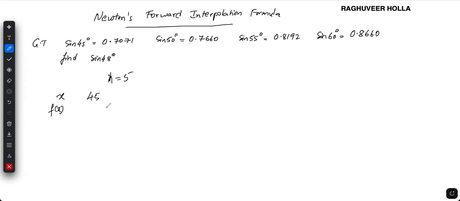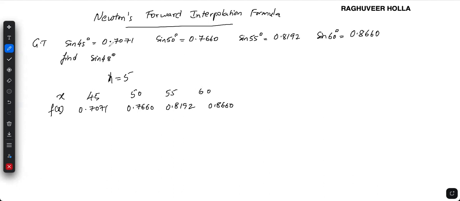So let us write down 45, 50, 55, 60. These are 0.7071, 0.7660, 0.8192, and 0.8660.